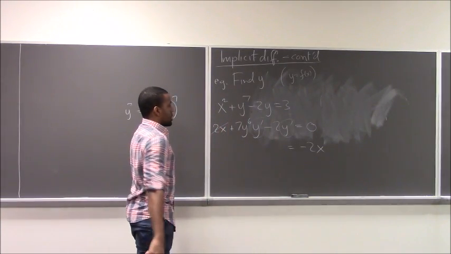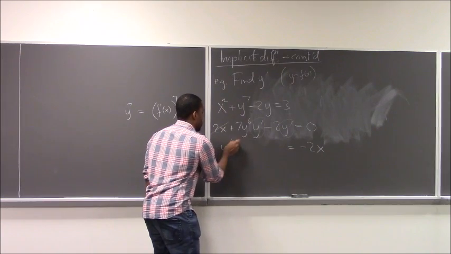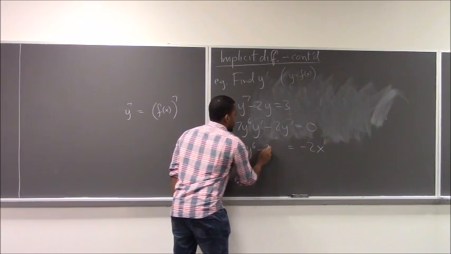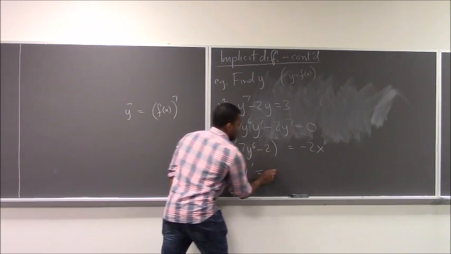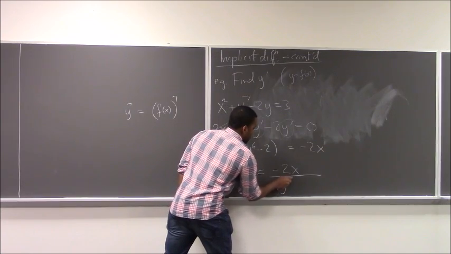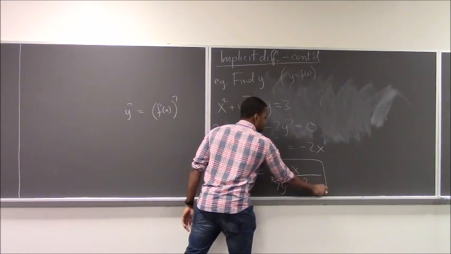That will get rid of this term. In the remainder, y prime is a common term, so we can factor that out and be left with 7y to the 6th minus 2. And so we can solve for y prime, and that will give us minus 2x over 7y to the 6th minus 2. We actually did this last time, and we sort of stopped there.